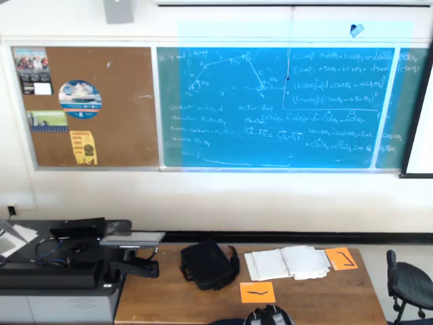Negative 2ad cosine of theta 2, negative 2ac cosine of theta 2, cosine of theta 4. Last term is negative 2ac sine of theta 2, sine of theta 4.